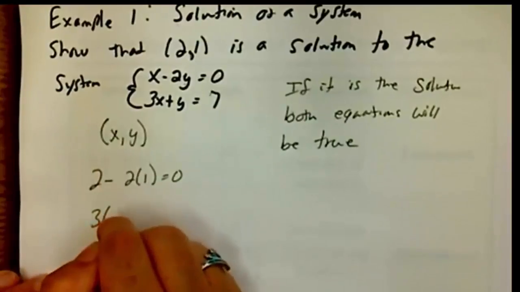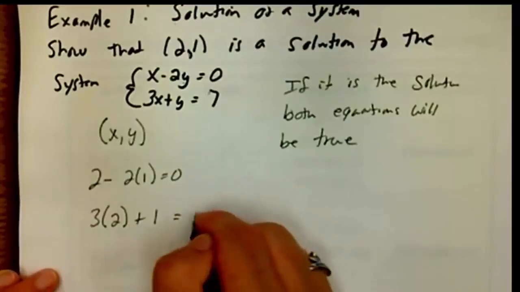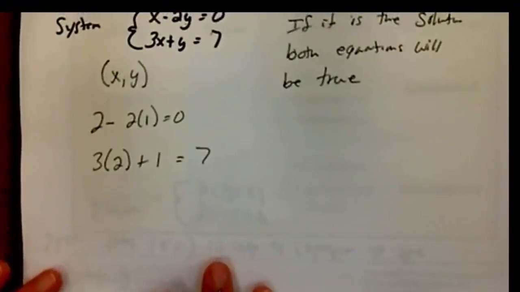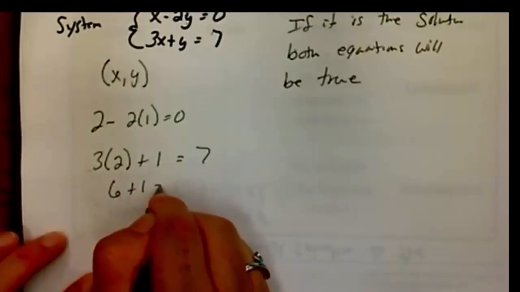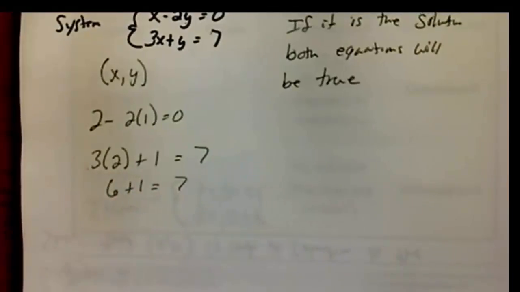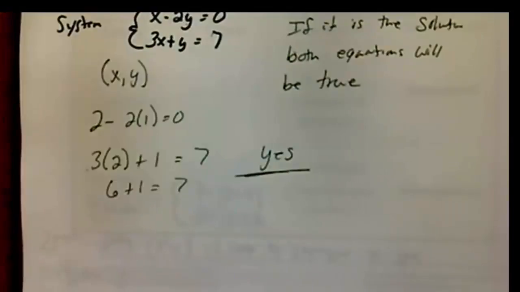So we're going to have 3 times 2 plus 1 should equal 7. So 3 times 2 is 6. 6 plus 1 does equal 7, so we could say yes, that this is a solution to that system of equations.